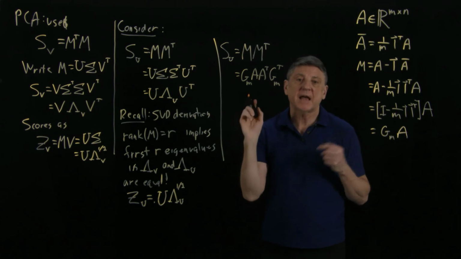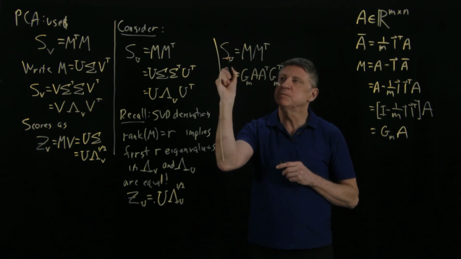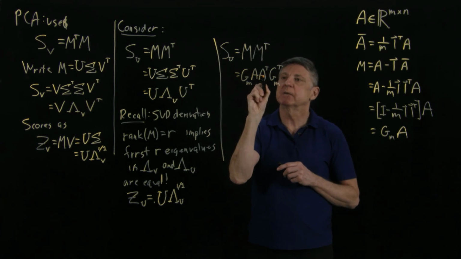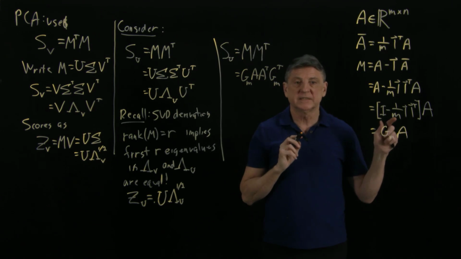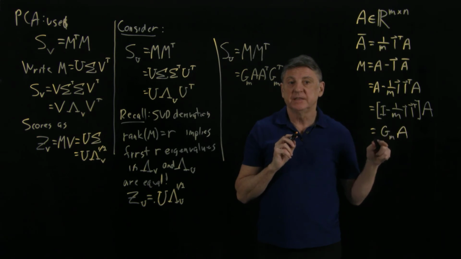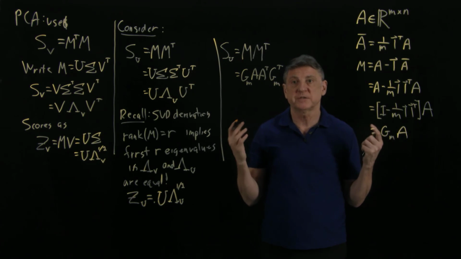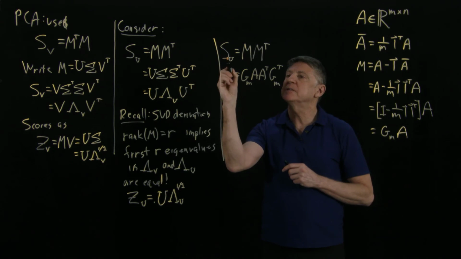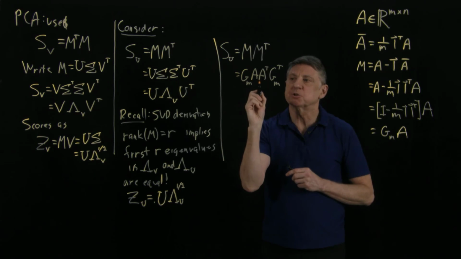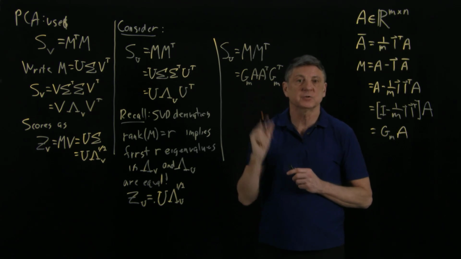That is, this observation style scatter matrix can be written in these terms. And we'll note incidentally that by construction this centering matrix is symmetric, positive, semi-definite. And so we can write the observation style scatter matrix in terms of the data times the data transpose.